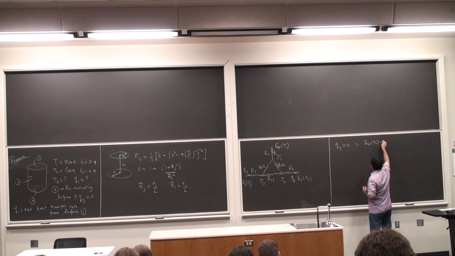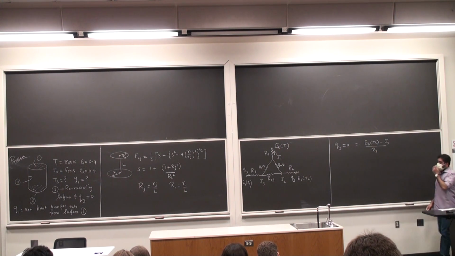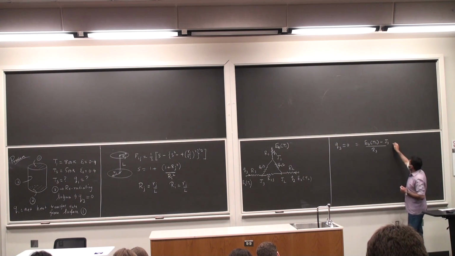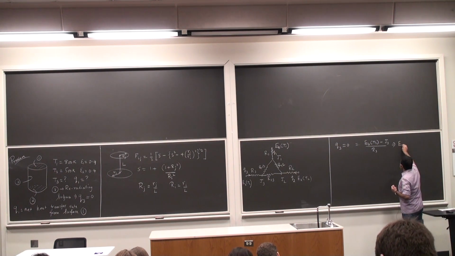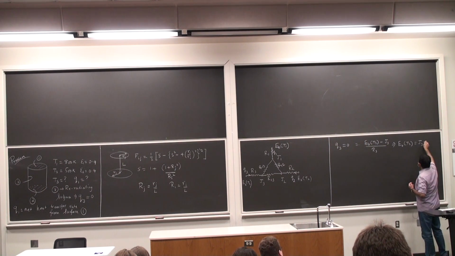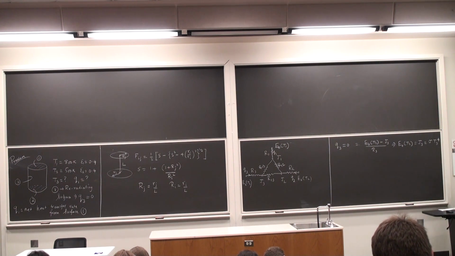EB at T3 minus J3 divided by R3 is equal to 0, or essentially EB at T3 is equal to J3, or sigma T3 to the power 4. Okay.